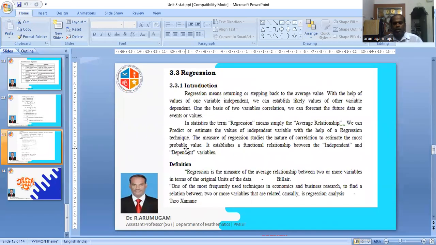Regression is the average relationship between two or more variables. Here we can give examples for the correlation coefficient and also the regression.